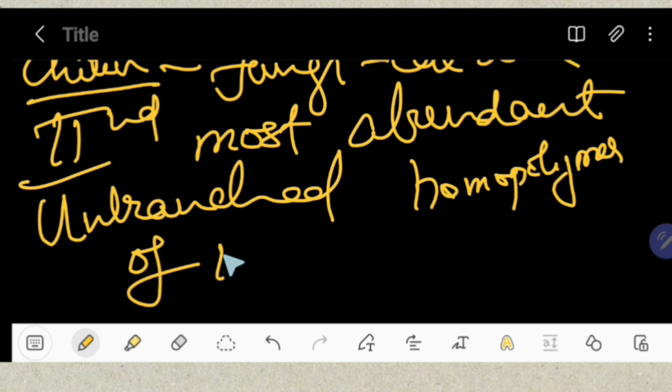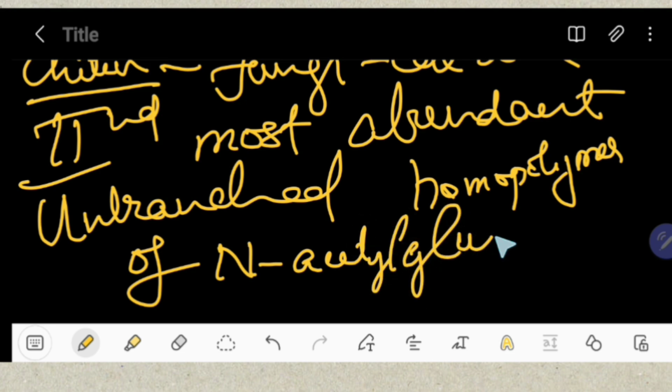Unbranched homopolymer of N-acetyl glucosamine. Once a question was asked, I think from the second chapter, where you study fungi.